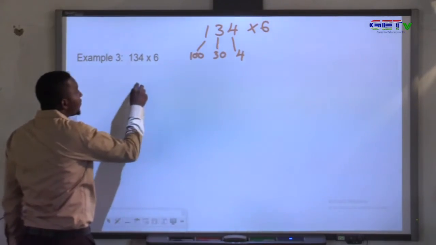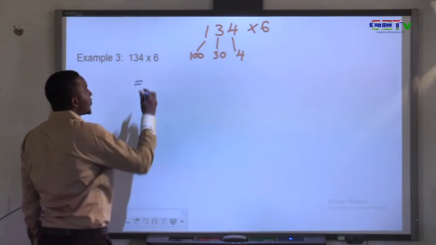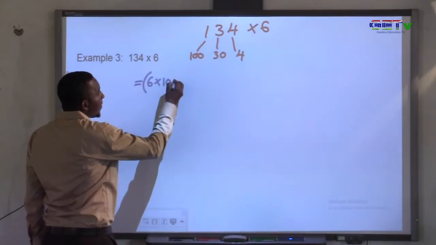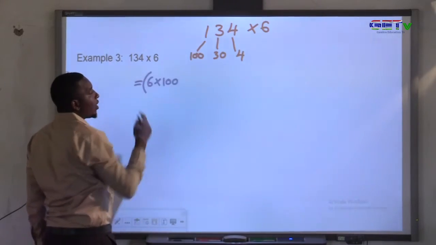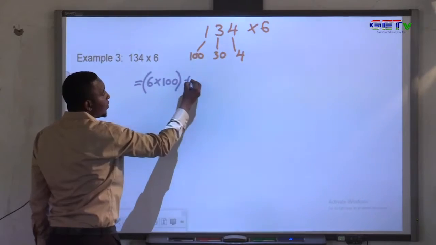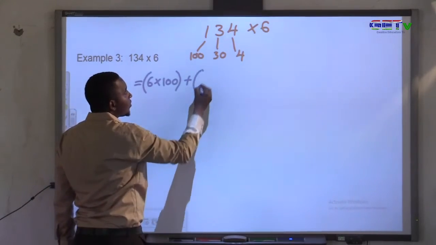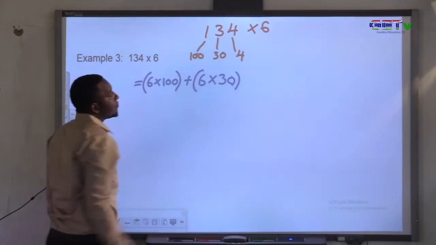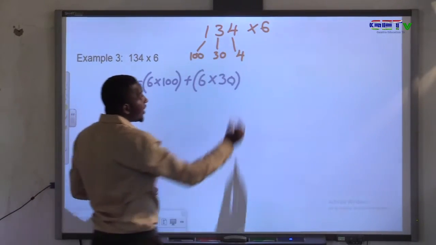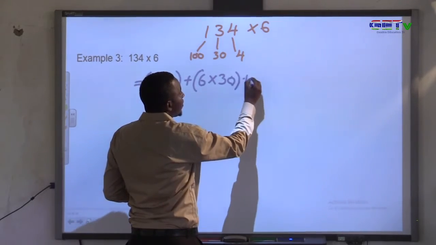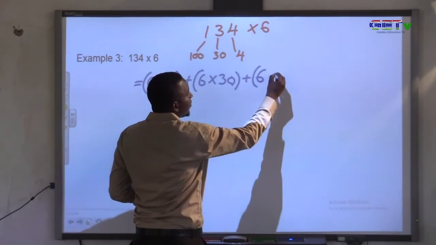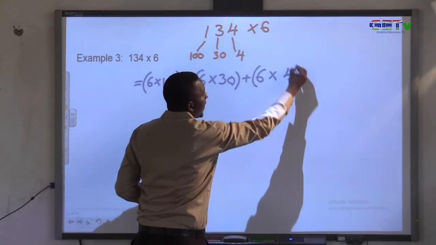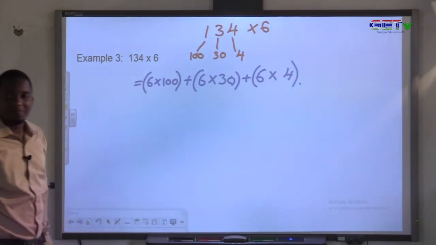So we are going to have 6 multiplied by 100, that is the value of 1. We add that to 6 multiplied by 30. And finally we have 6 multiplied by the value of 4, which is just 4.